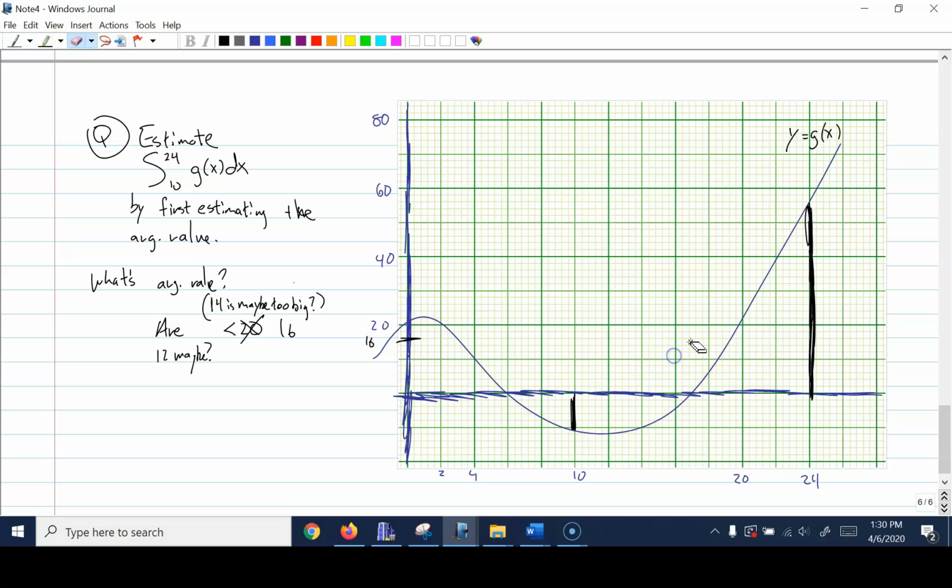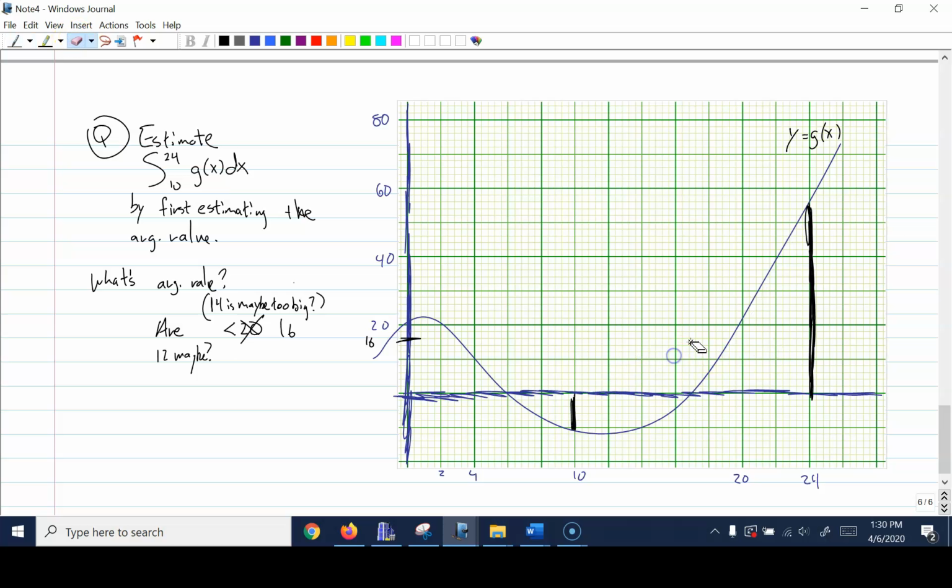The average looks like it's between 10 and 14. I'm being a little too confident when I say definitely here. It looked like it was probably between 10 and 14. I can say it's definitely between 8 and 16, maybe.